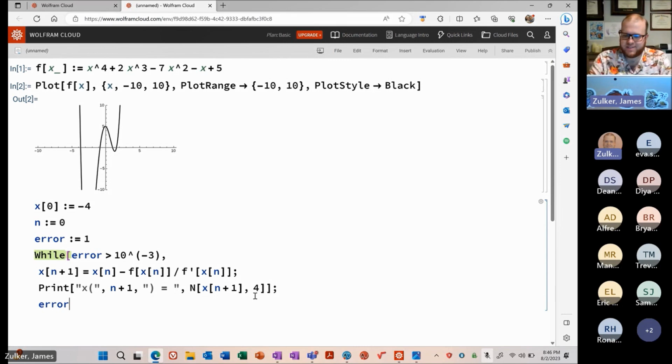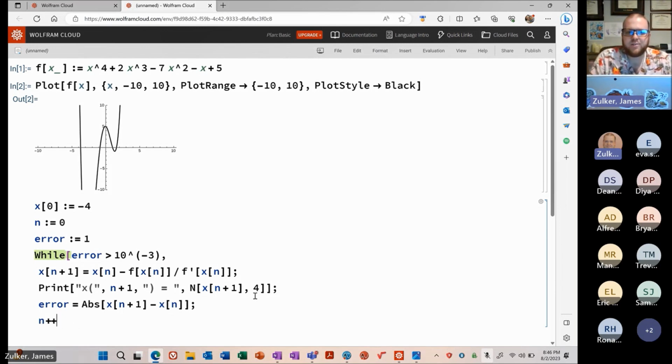Then I'm going to have it set the error to now be the absolute value of xn plus 1 minus xn. And then I want it to set n to be n plus 1. Right, so n plus plus essentially, which you can also just write that, I believe.